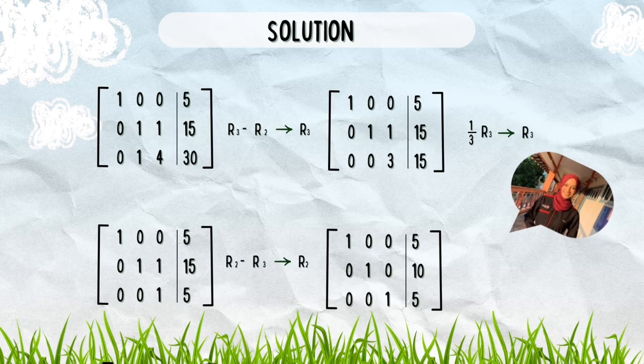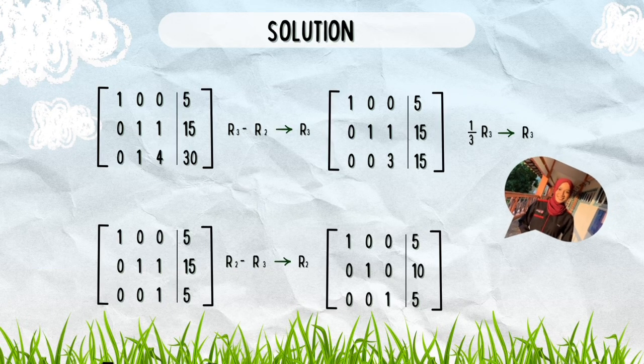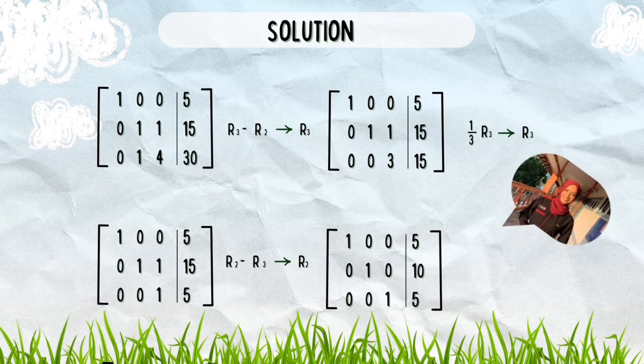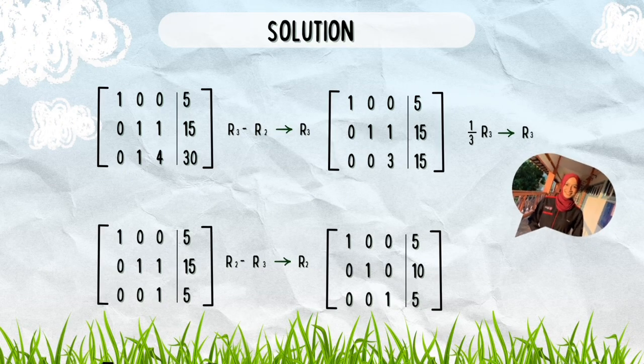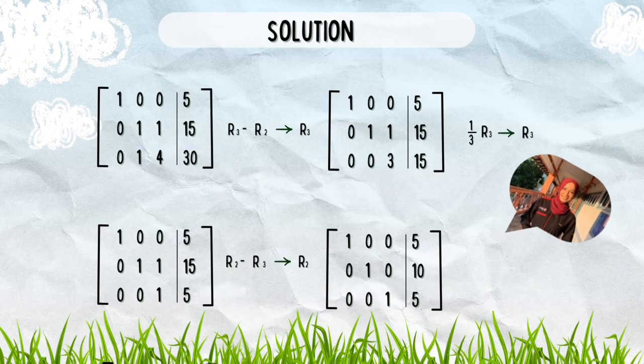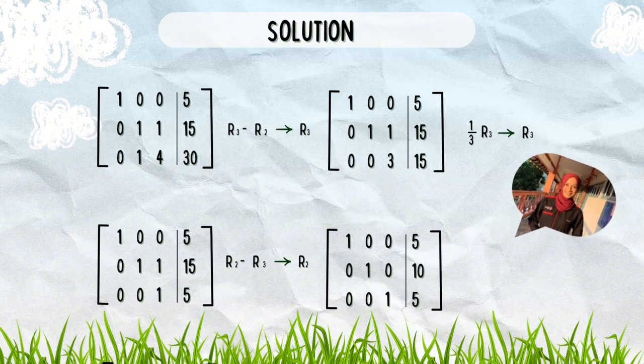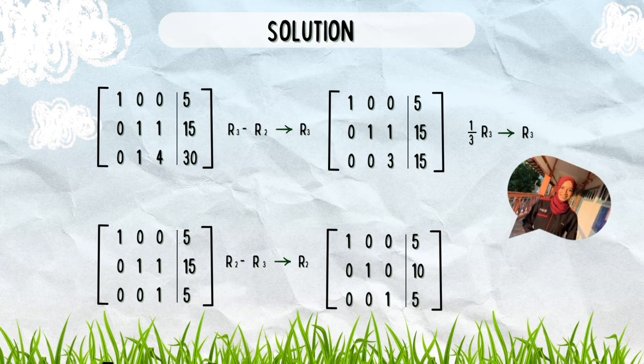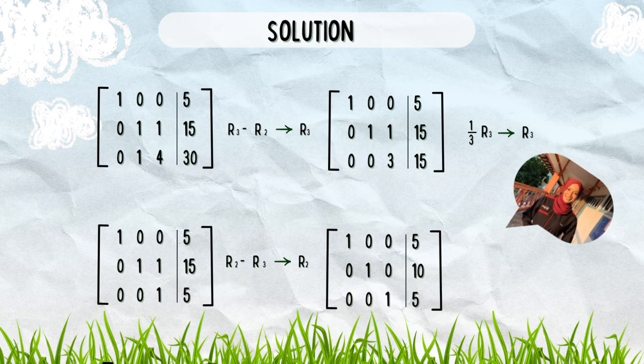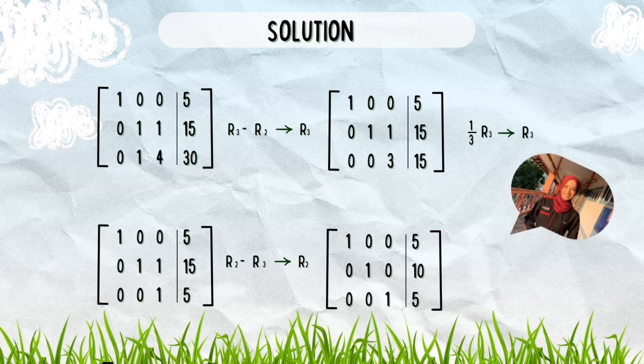So the equation for row 1 is row 1 minus row 2 equals row 1, and for row 3 it is row 3 minus row 2, and becomes row 3. The answer for row 1 is 1, 0, 0, 5 and for row 3 is 0, 0, 3 and 15.